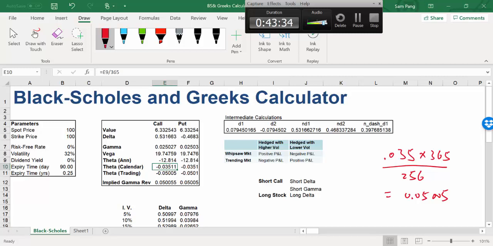Now, what is this value? 0.05005. This is what you will lose from one day to the next in your option price, yes. Okay.